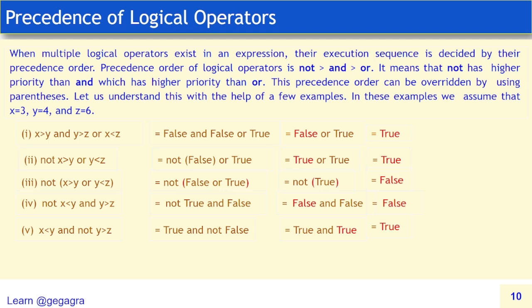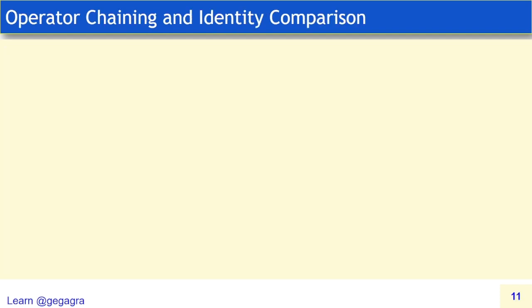Now discussing operators chaining. Usually students use in maths x greater than y and greater than z. So x greater than sign y, greater than sign z. Usually students used to do this in the test paper or in their working.